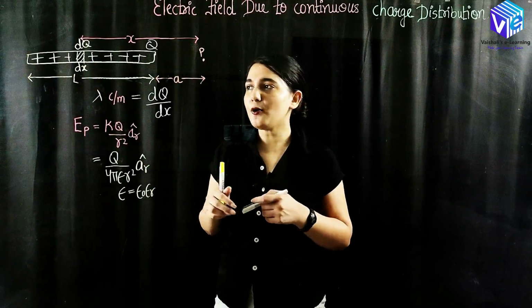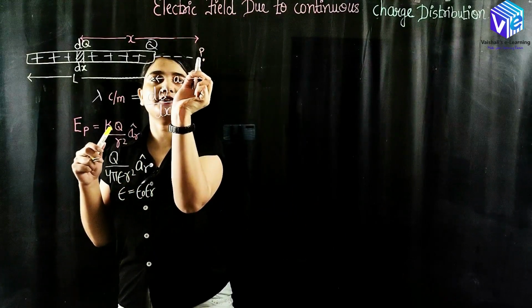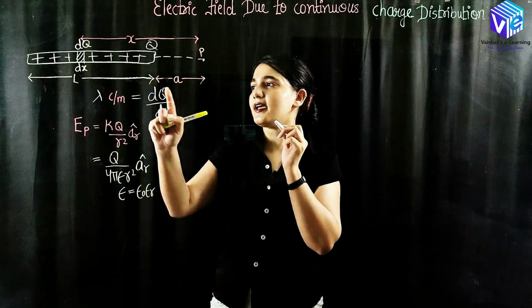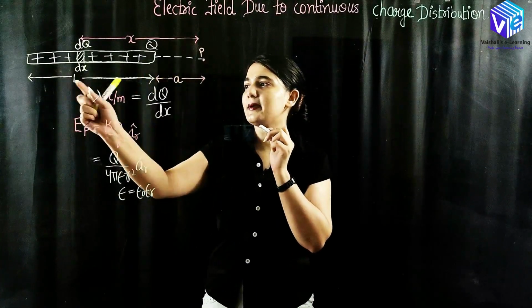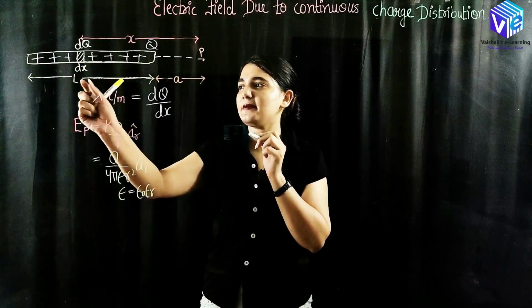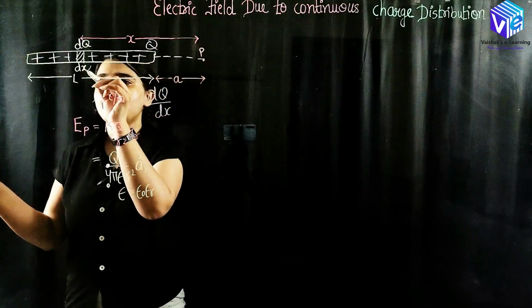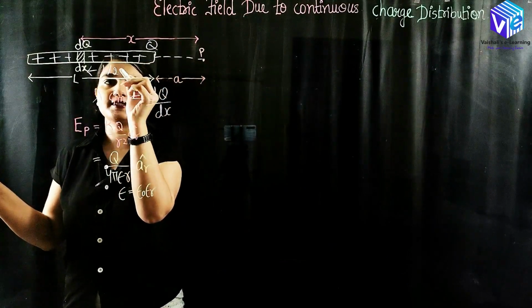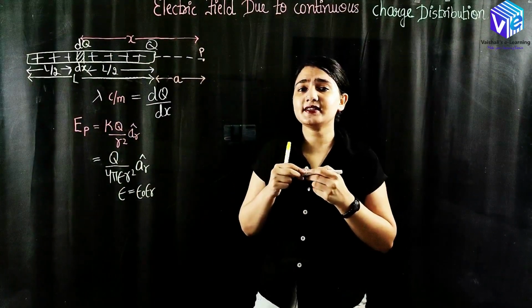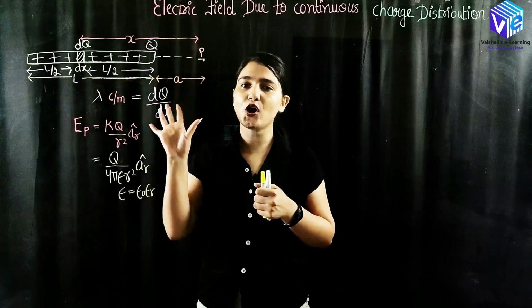Now if I have to find out the electric field at this point P, which is at the distance A, and the length of the rod is L, I am taking some small element from this length L. Let's suppose I have taken this element at L/2 distance, and this element is so small that I can consider it to be a point charge.